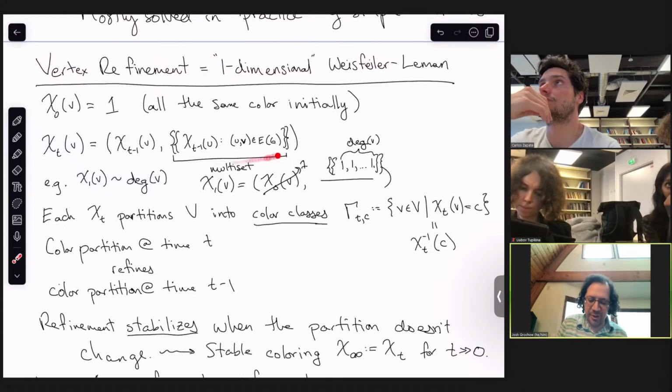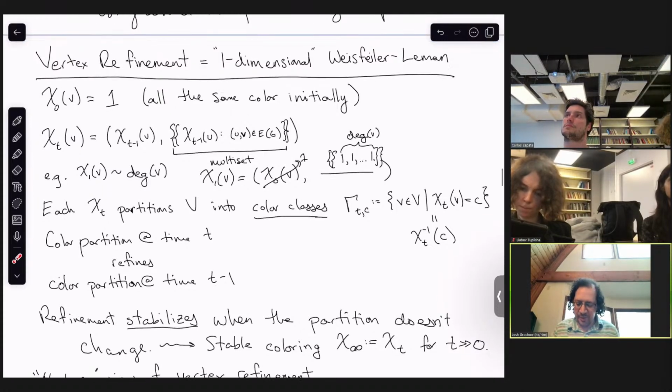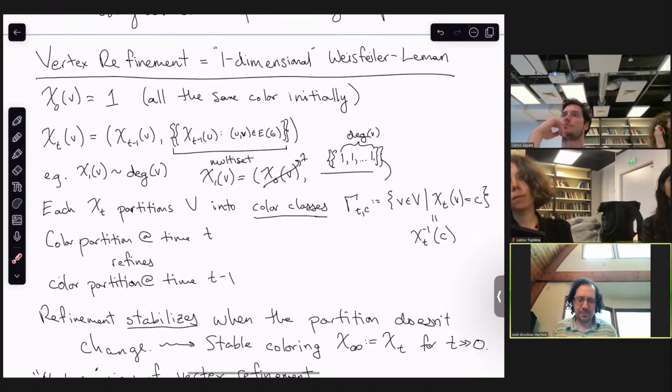The color itself might change because of the nested structure, but the partition into color classes eventually has to stop changing. That's when we say the refinement has stabilized. We often denote that chi sub infinity, but really that's just chi t for t sufficiently large that you've stabilized.